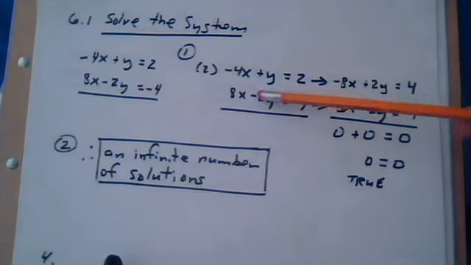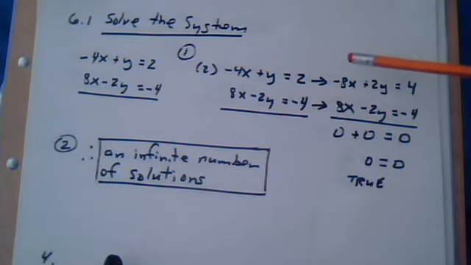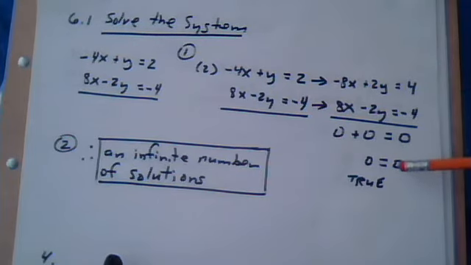Then slide the second equation underneath. Combine like terms, go column by column. In this case, it gave us something that's kind of strange. It's saying that 0 equals 0. When you get a case like this, it's either true or false. 0 equals 0. A number always equals itself. That's true.